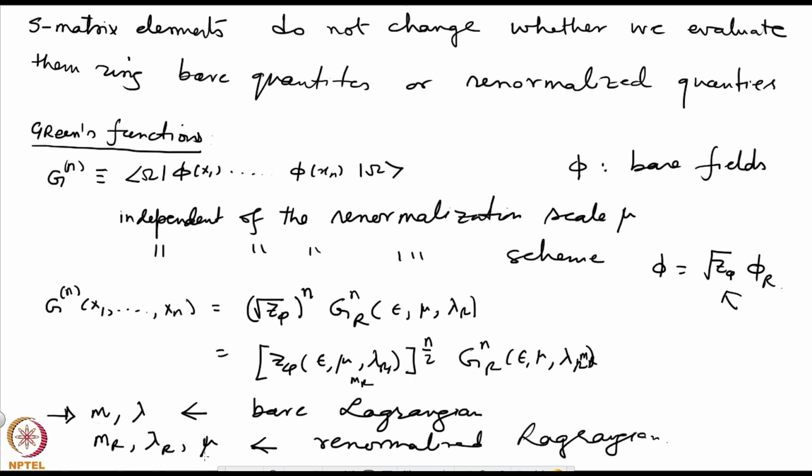The effect you want to arrange is that changing mu should not change m and lambda, and that you achieve by correspondingly adjusting the values of lambda r and mr. Which means that once a theory is given to you, and by a theory I mean these values of observables are fixed, then the parameters lambda r and mr really depend on the choice of mu you make.